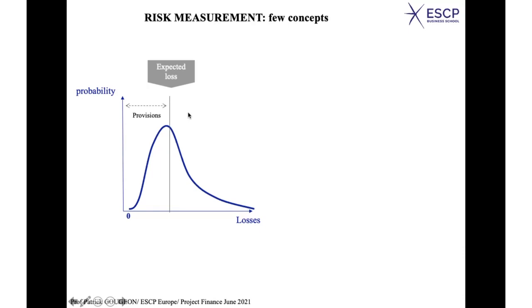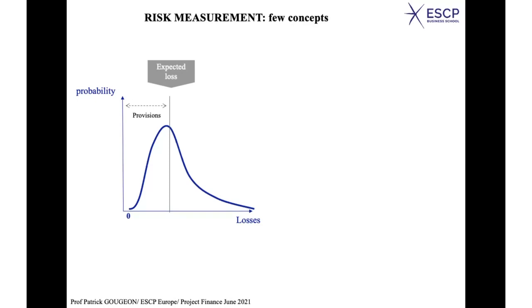typically we can take the example of a bank, you know, with a lot of clients, with a lot of credits in its portfolio, then there is a loss distribution, and the expected loss makes sense because, you know, it's an estimate of the average loss that you might incur due to the fact that some clients will not repay their loan, for instance.